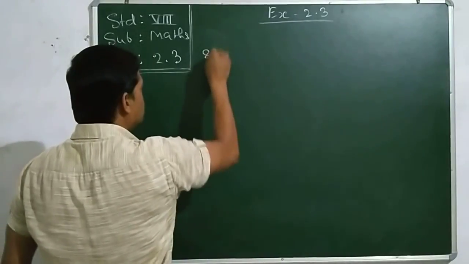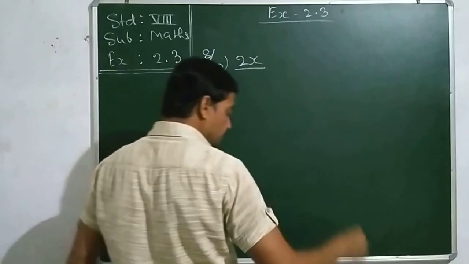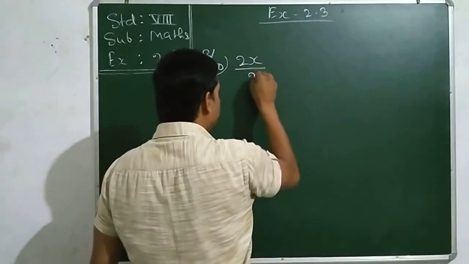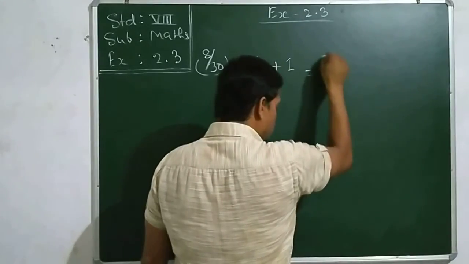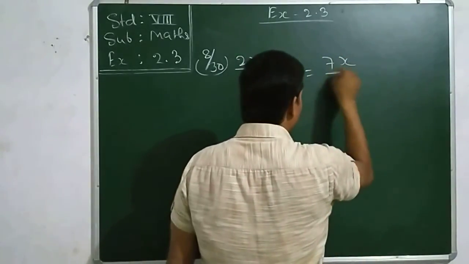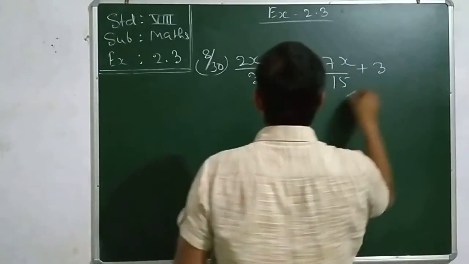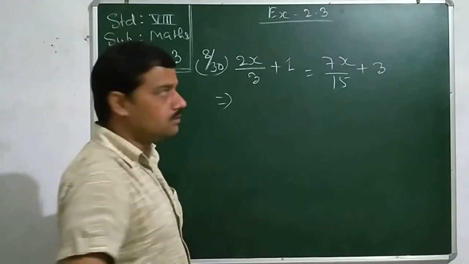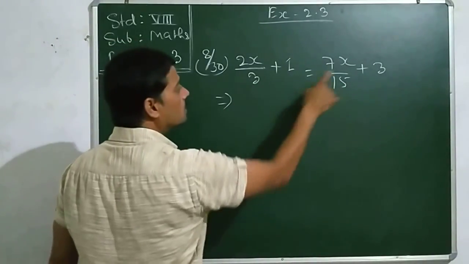In the 8 number sum, the sum is 2x by 3 plus 1 equal to 7x by 15 plus 3. Very simply, transpose this term.